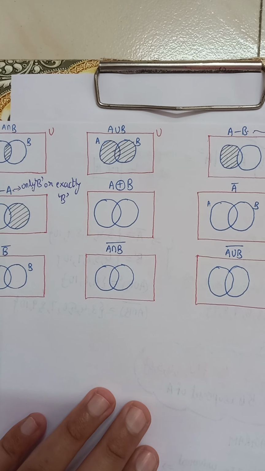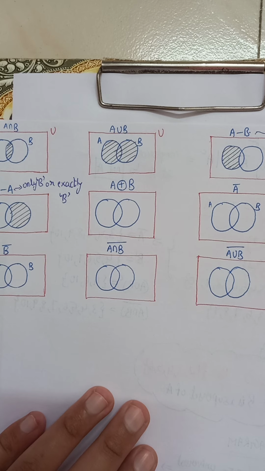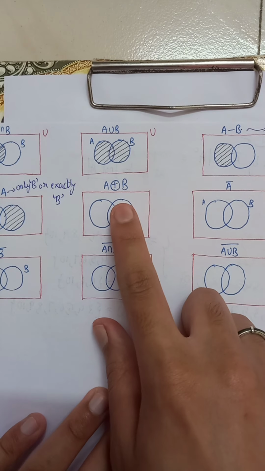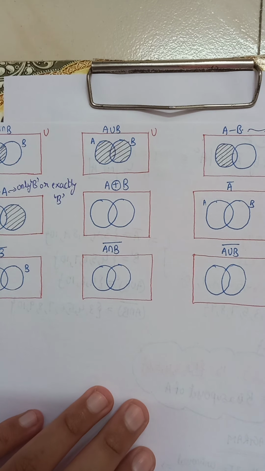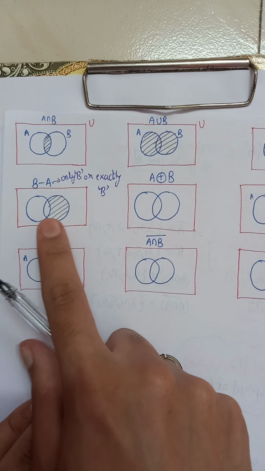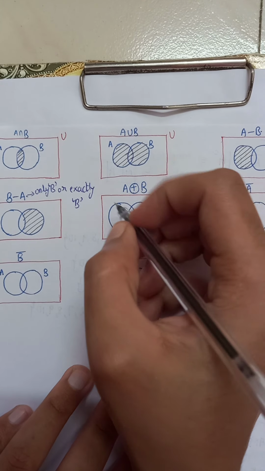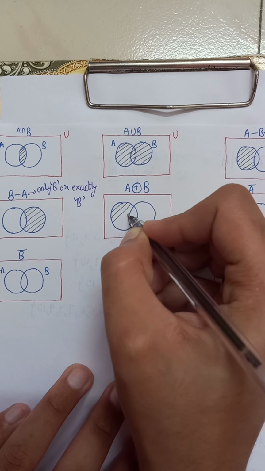So now the symmetric difference of A and B. What is the symmetric difference of A and B? Its definition is A minus B union B minus A. So you should take the union of this and this Venn diagram. By taking that, you'll get this.